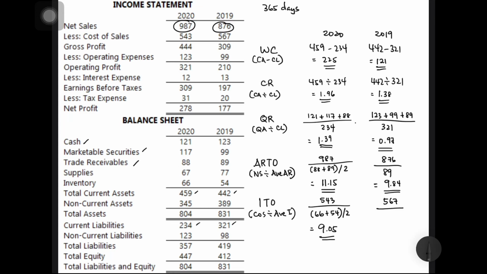You only use 1 because you don't have prior data. So it's 54. Answer is 10.5. And we will be answering more. I will just erase.